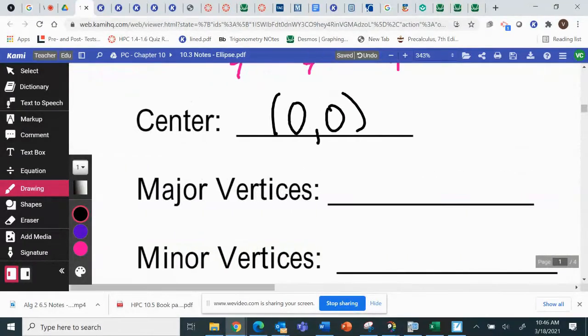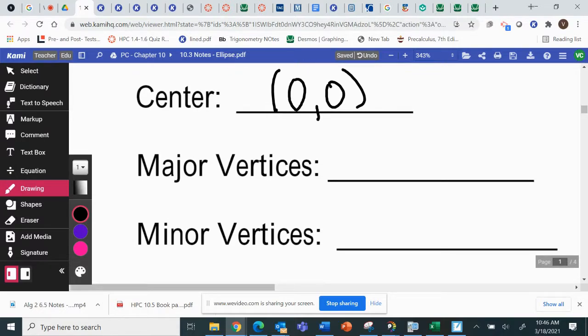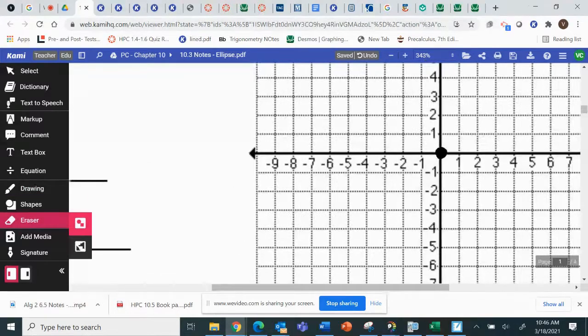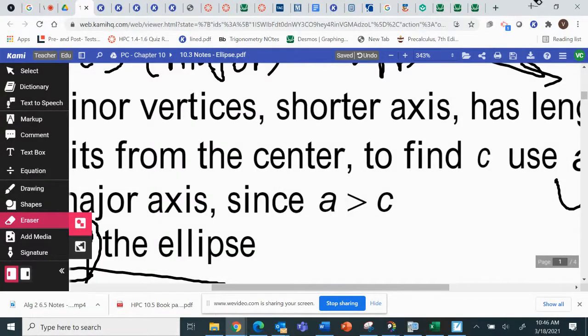Okay, the next thing is major vertices, minor vertices. So just a reminder, if you see it worded differently, it might just be vertices and co-vertices. Either is acceptable. Just want to remind you guys that they're both ways. Okay, so to find the major vertices, we're going to look at what's underneath the x and y squared.